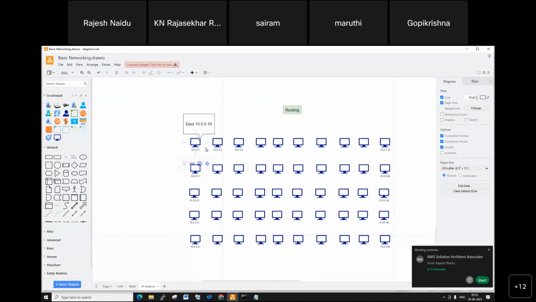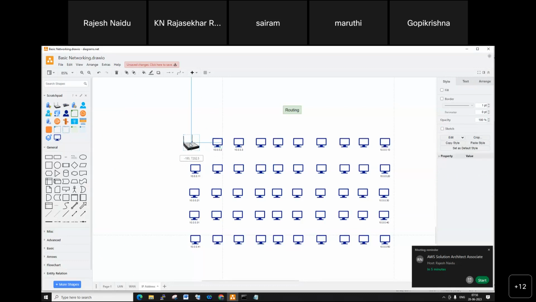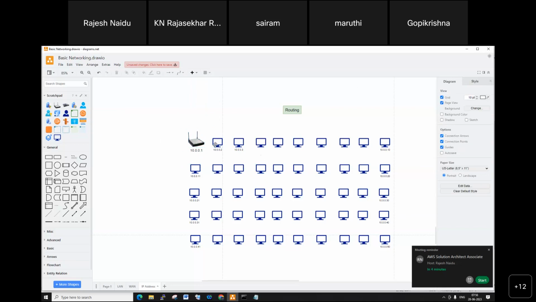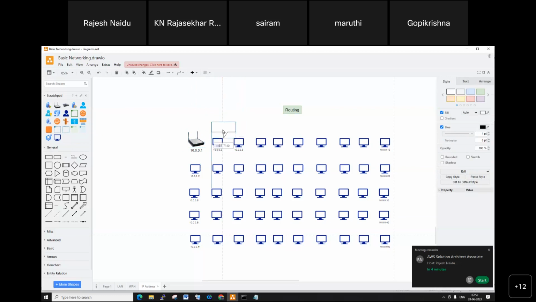Okay, but actually, I have written 10.0.0.1 is for computer, but I'm changing this. The concept is I'm changing this. So I'm going to use a Wi-Fi router here. The router IP address is 10.0.0.1. Suppose system 2 wants to communicate with system 10.